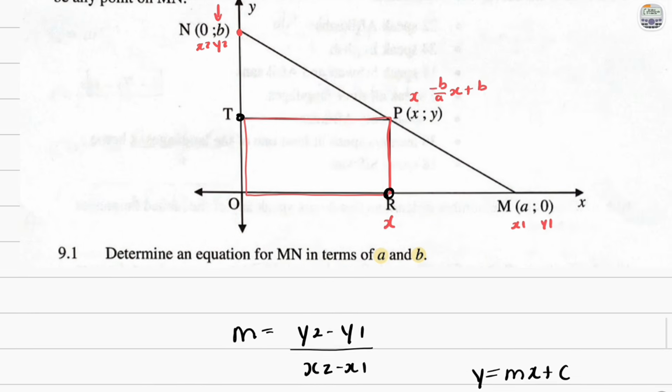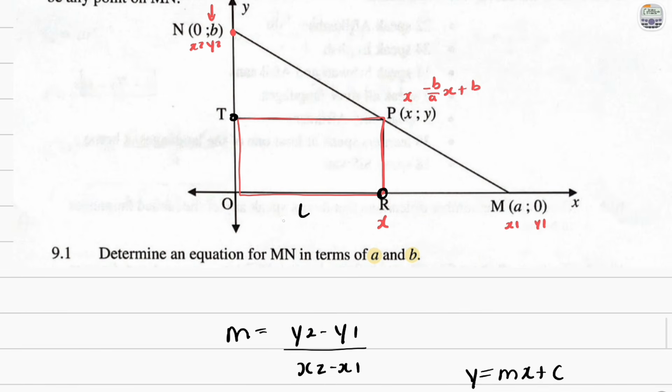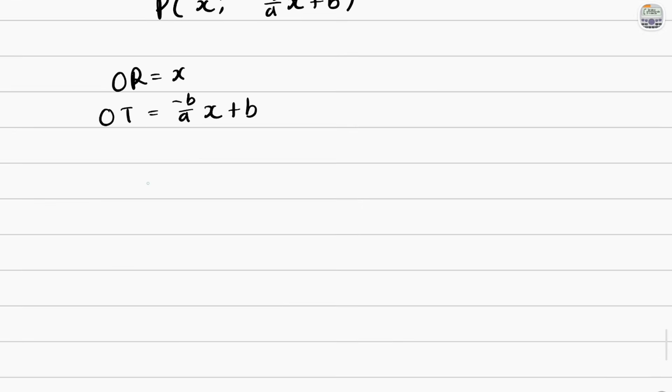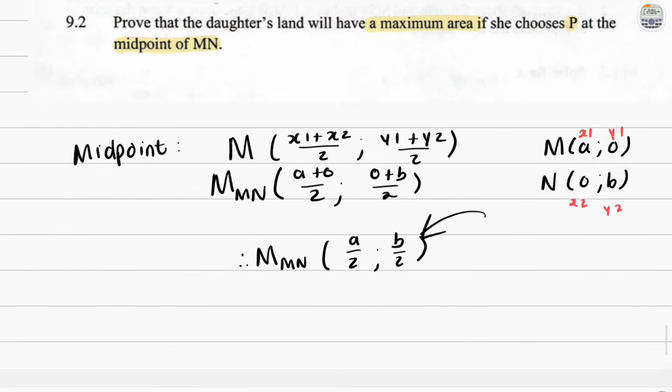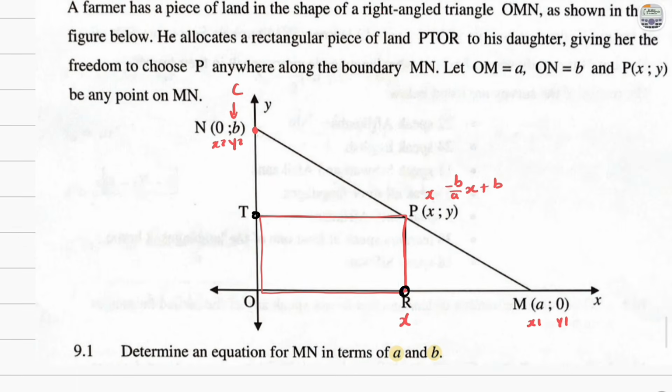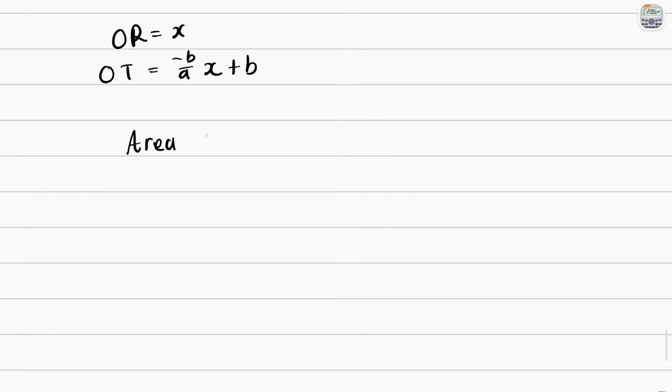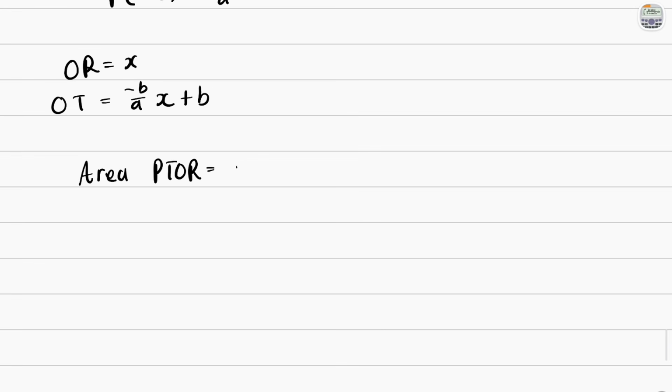Now naturally, to find the area of a shape, you say the length times the width, or the breadth. So we're going to do that. The area of this shape, PTOR, right? So we'll say area of PTOR is equal to OR multiplied by OT.